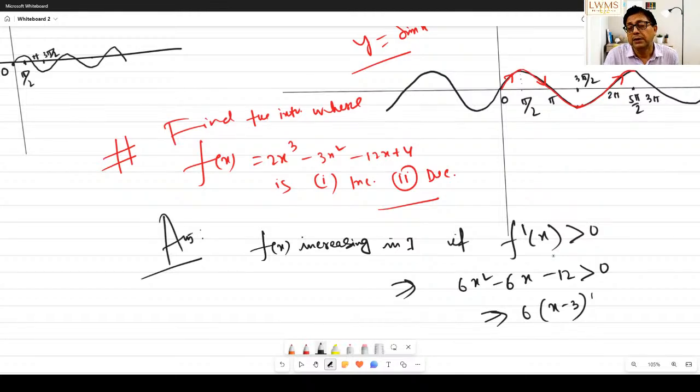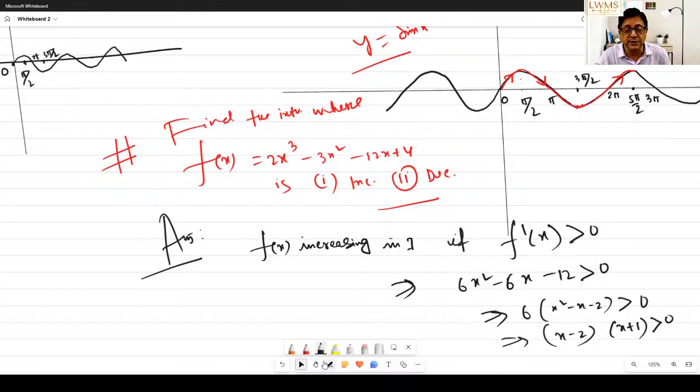Take 6 common, then factorize it: 6 into x square minus x minus 2 greater than 0. 6 is positive, so you can write x minus 2 into x plus 1 greater than 0 for an increasing function.